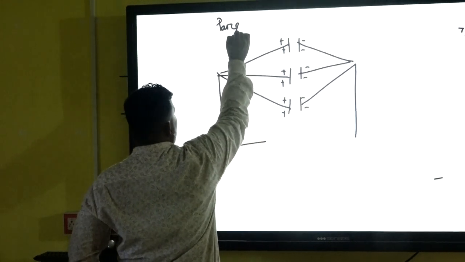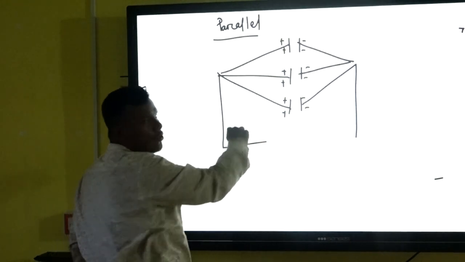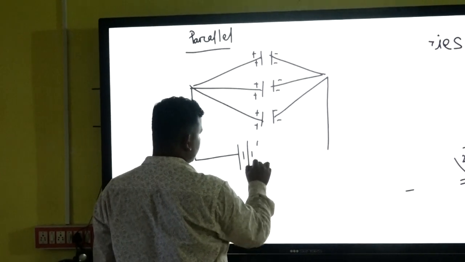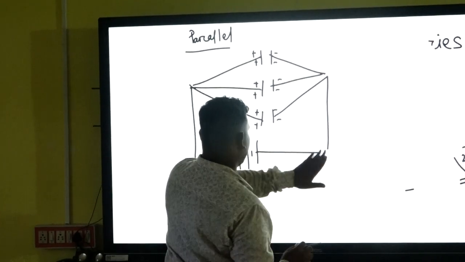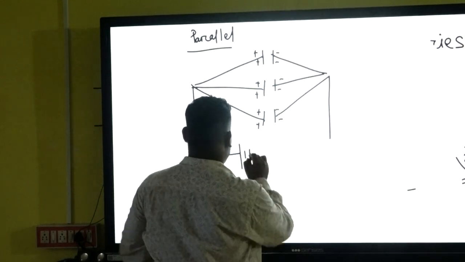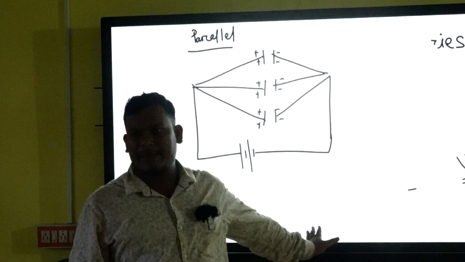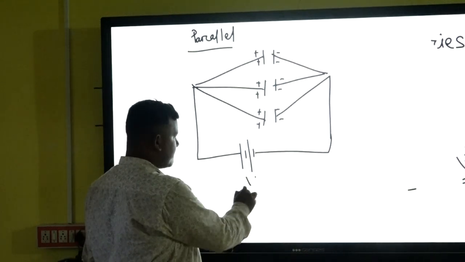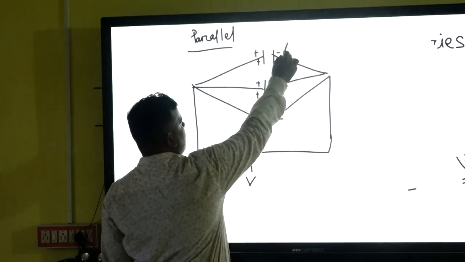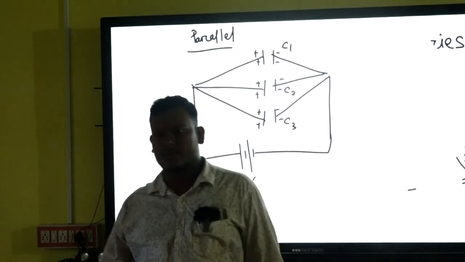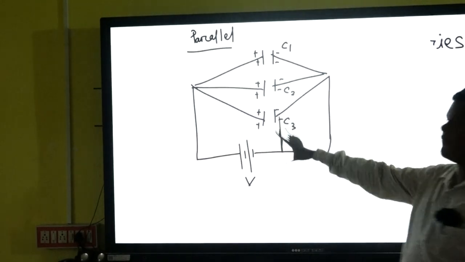This is your parallel combination. Parallel combination looks like this. Here is your battery having potential difference, let V, and it has capacitances, let C1, C2, and C3. So what happened in your parallel combination?